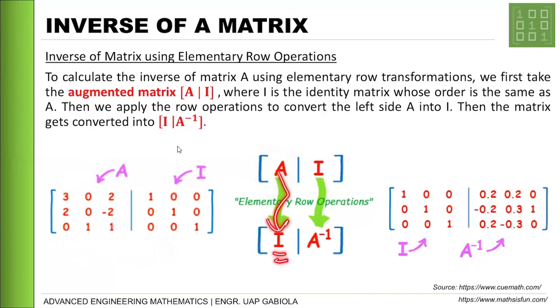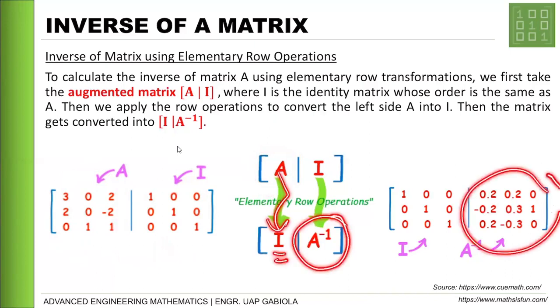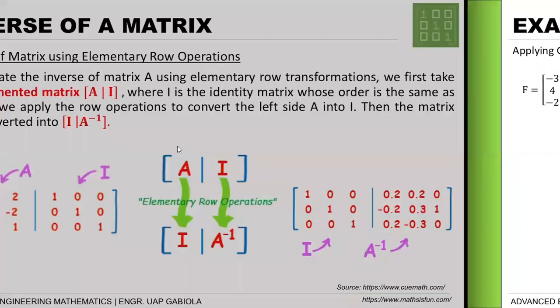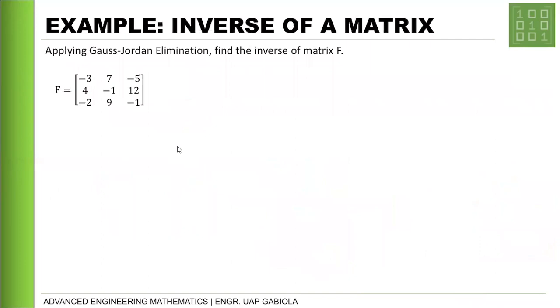And then, kung ano yung matitira dito sa kabila, yun yung magiging inverse ng matrix natin. Okay? So, using row operation. So, kung tatandaan nyo yung row echelon form natin ng solution, yun din yung gagawin natin dito. Okay? So, let's apply. Same example, same values.